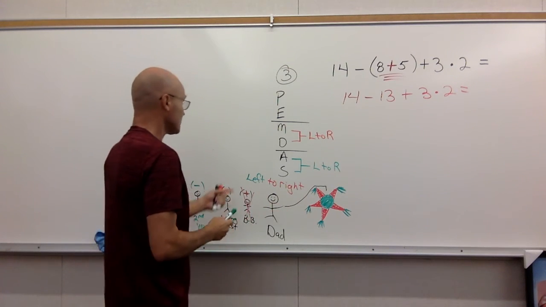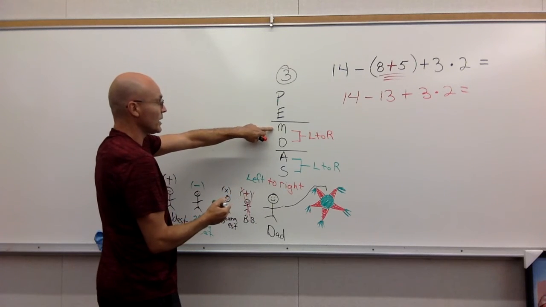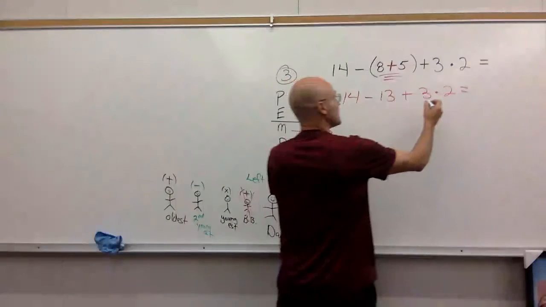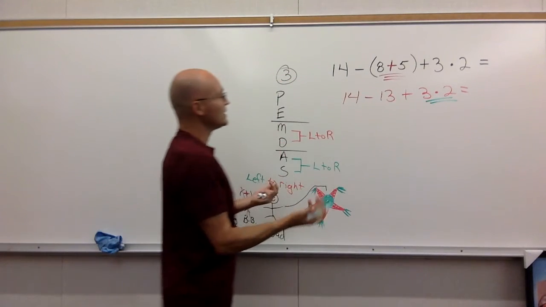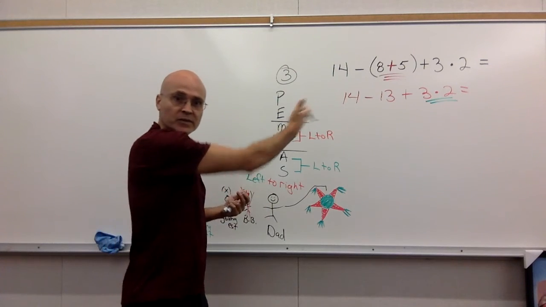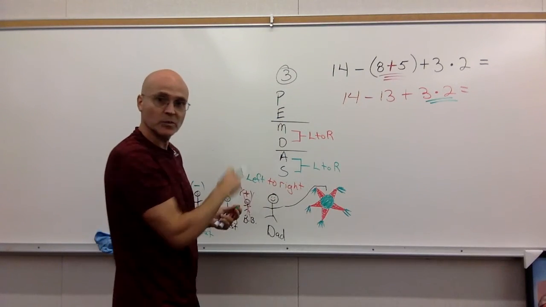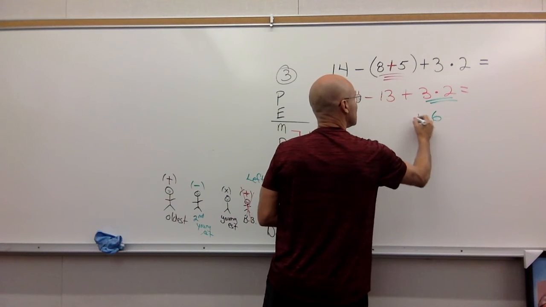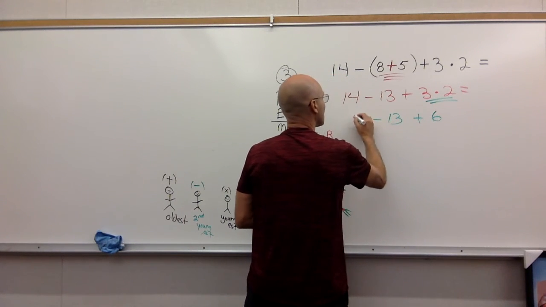And so the smallest one would be multiply or divide, because when you look at these problems, this is the next one you need to do first. So I just tell the kids the multiplication is the youngest one left at the party, and so he should hit the piñata next. And so 3 times 2 is 6, and you got the rest of the math problem.